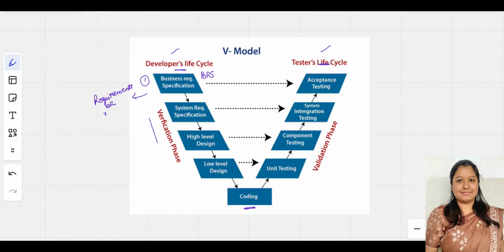They need to be understood properly in order to move further into development or any other phases. Because the client requirement should be a top priority of any software engineer or developer. So understanding the client requirement is a must. That's why the V model begins with the business requirement specification.